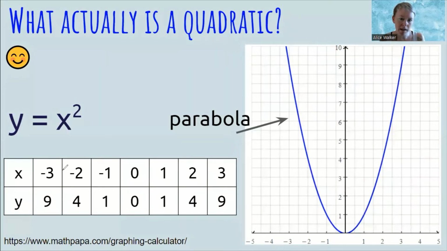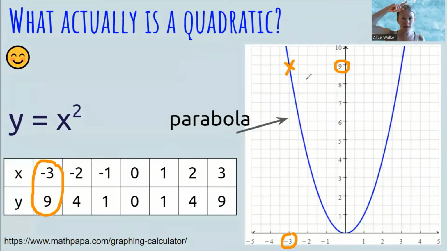So we can see that when x is -3, y is 9, because a minus times a minus makes a positive number. So look, there's -3 on the x-axis. And if we go up, look, there is the point 9 on the y-axis.